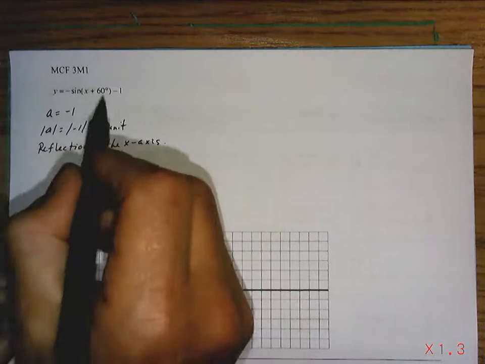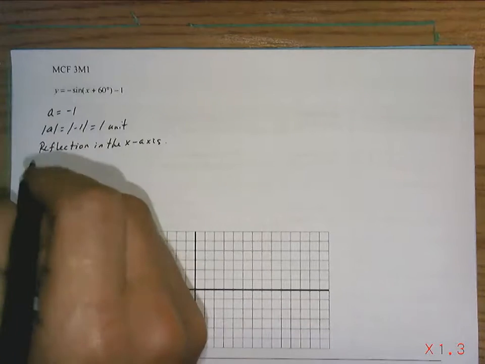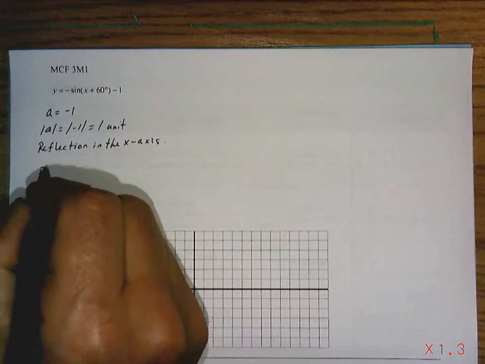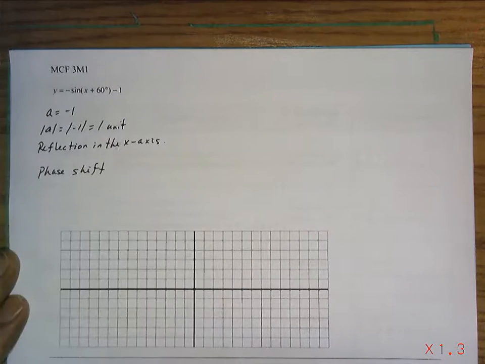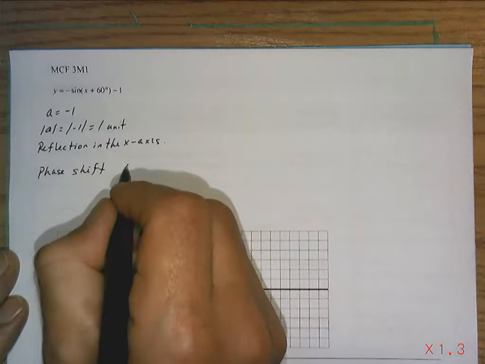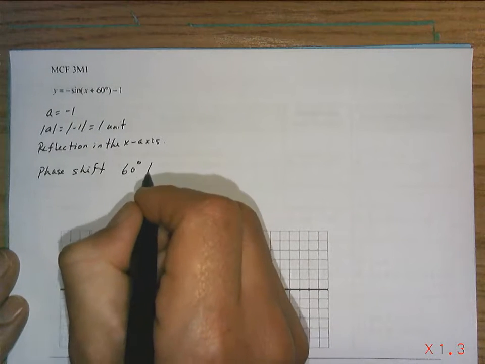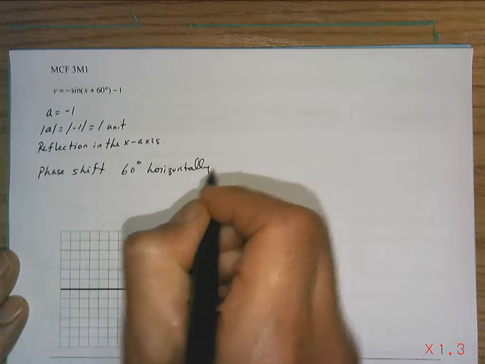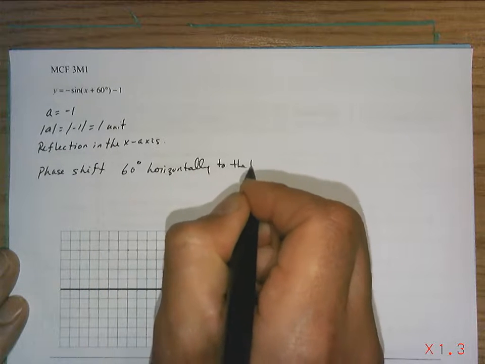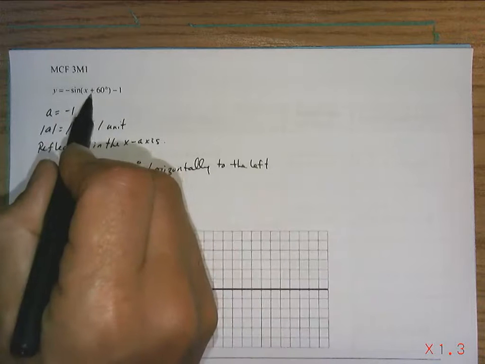Okay, so what else we got going on here? We've got an h value. Another way of saying an h value is a phase shift. That's a really nice way of talking about it. So the phase shift is actually 60 degrees horizontally to the left. Careful with that. See that plus?